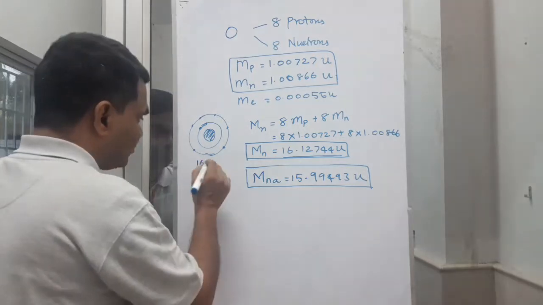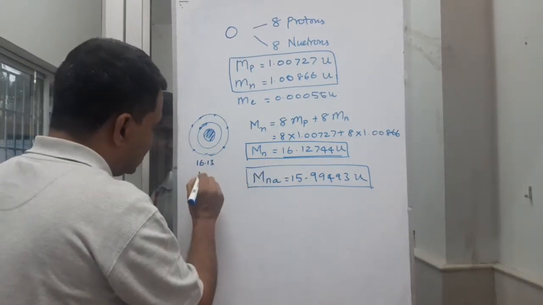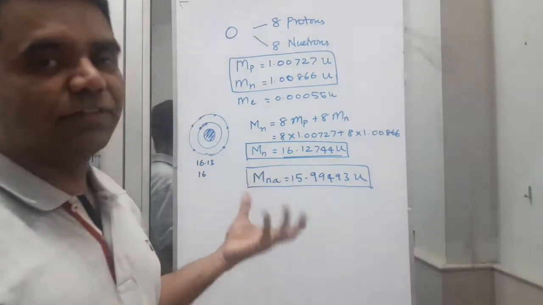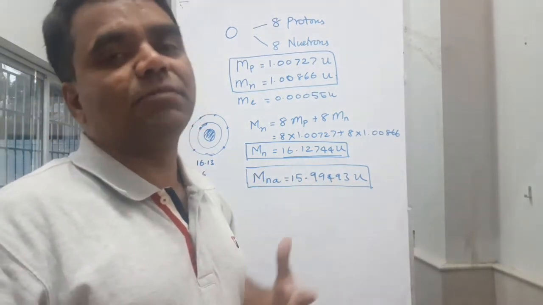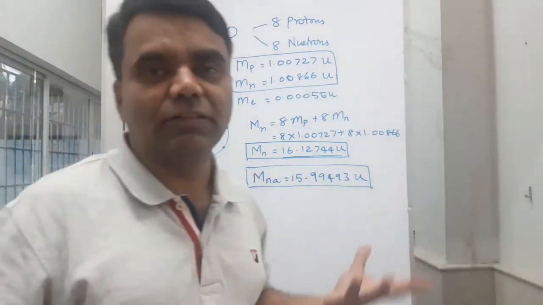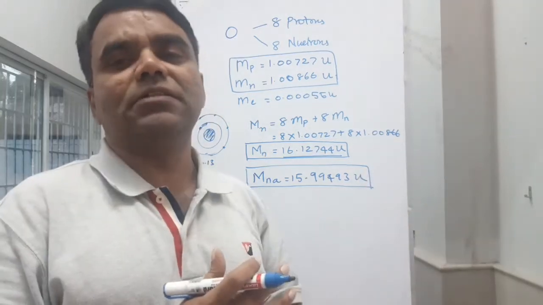But let me still ignore that and say it is 16. So 16.13 and then 16. So there is a difference of 0.13, and that's close to like 1% of the mass. You can do the calculation exactly, but it's nearly like 1% of the mass.